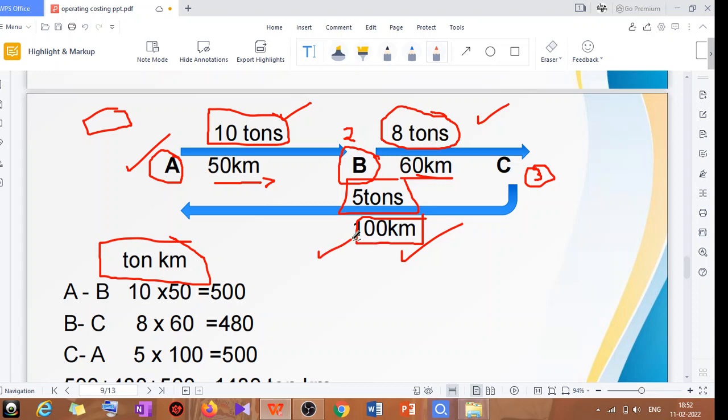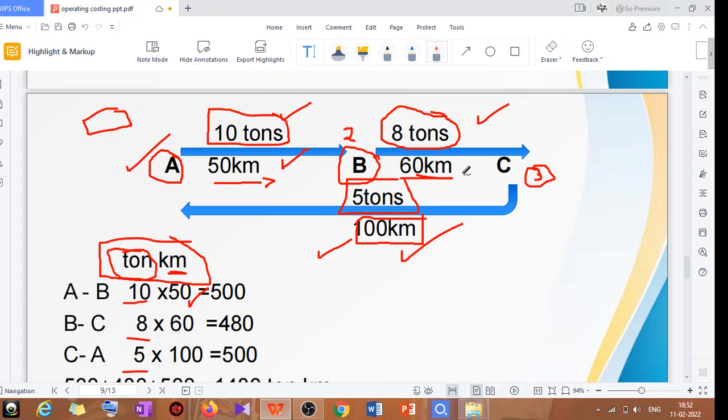Clear? So if I ask you how to calculate the ton kilometer, ton means how much goods they carried. How much did they carry from A to B? 10. B to C? 8. C to A? 5. Kilometer means how much distance traveled. From A to B, the distance traveled is 50 kilometers, so I have written 50.